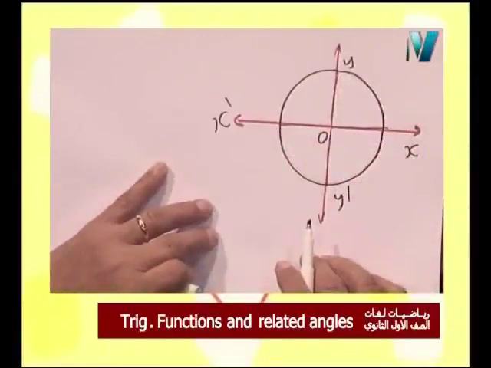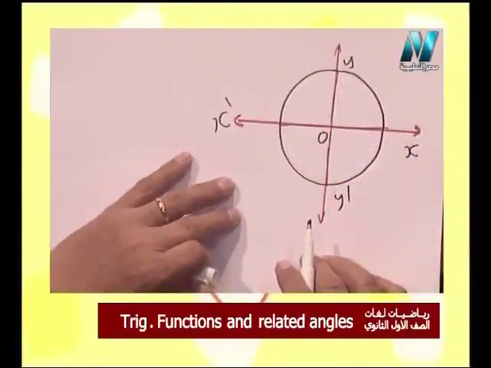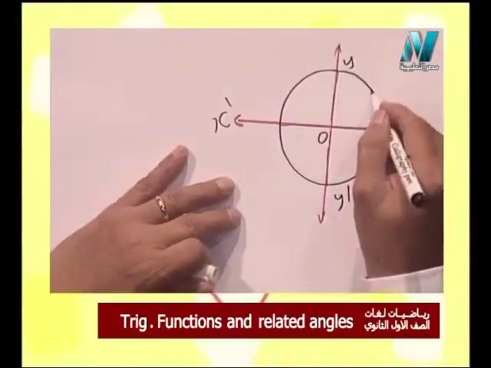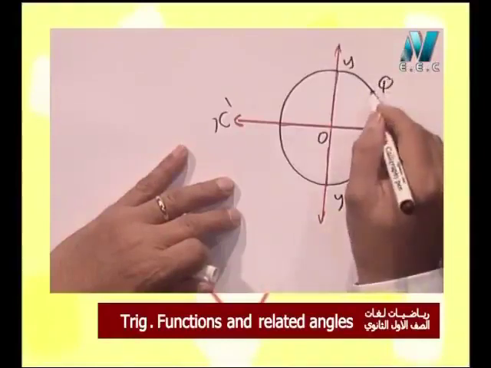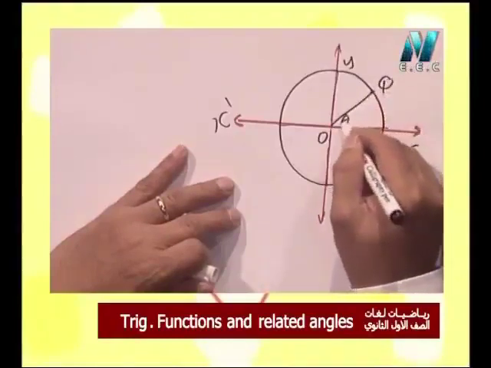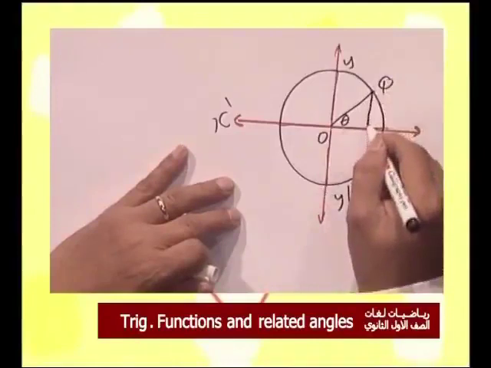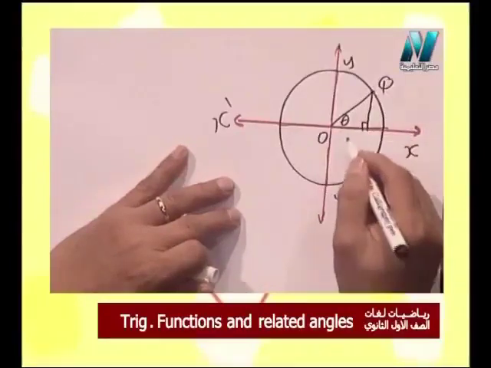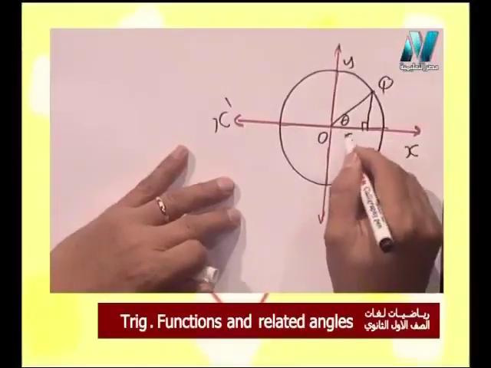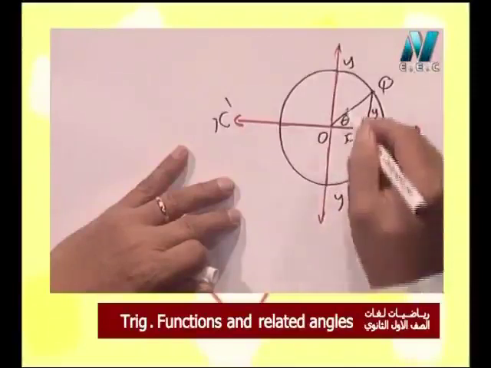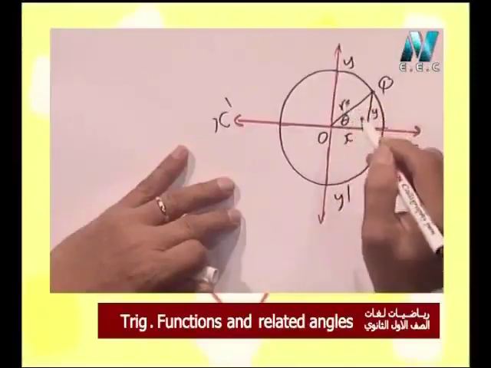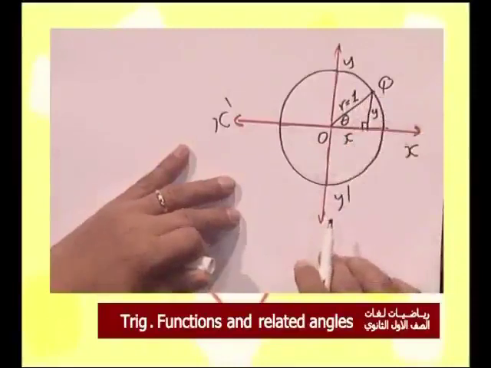So if we take any point here, Q, and we have an angle theta, and drop a perpendicular here, so here it's x, here is y, and this radius, which is the hypotenuse, equals 1 unit.